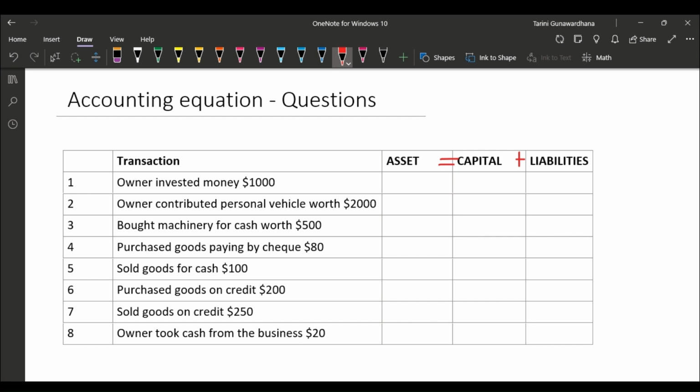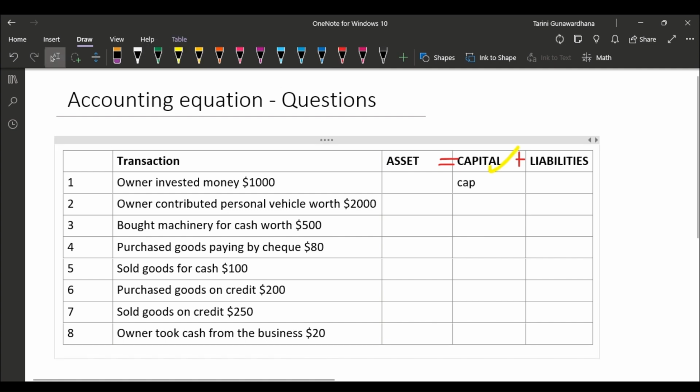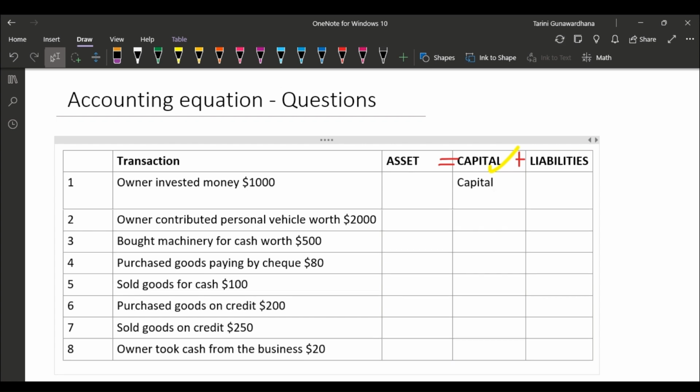So let's begin. First one, the owner invested money $1,000. When the owner invests money, it's the owner's contribution, right? Which is nothing but capital. Capital plus 1,000.